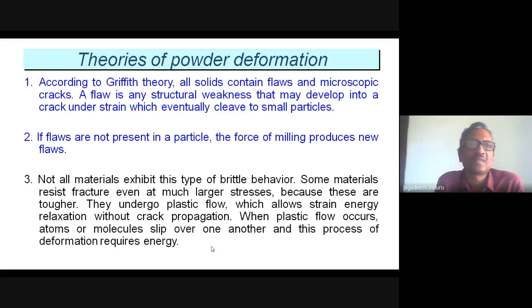It means in the first group, the already existing flaws on the surface are converting into cracks and breaks. In the second category, according to Griffith theory, if the flaws are not present, the force of the milling creates a new flaw, which will become a crack and then a break into a small particle.